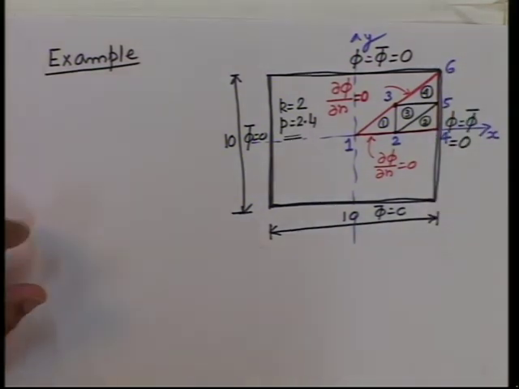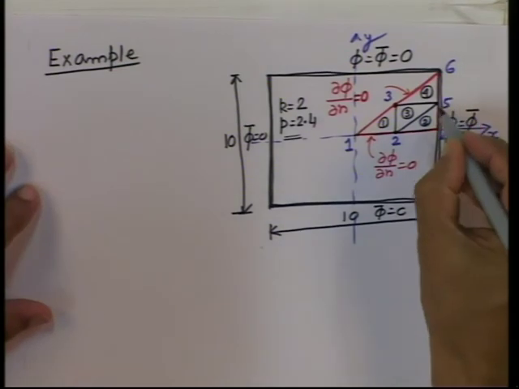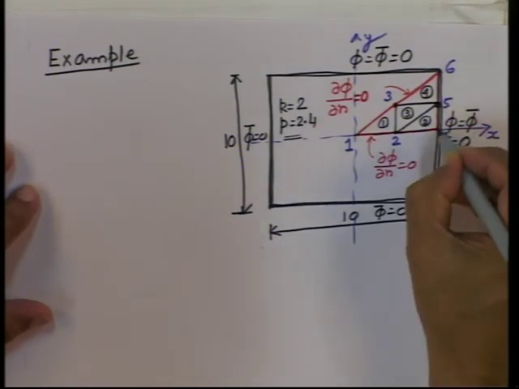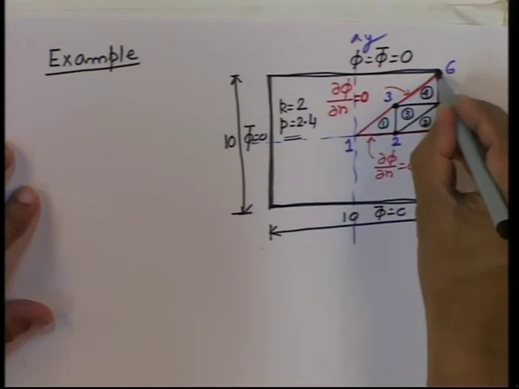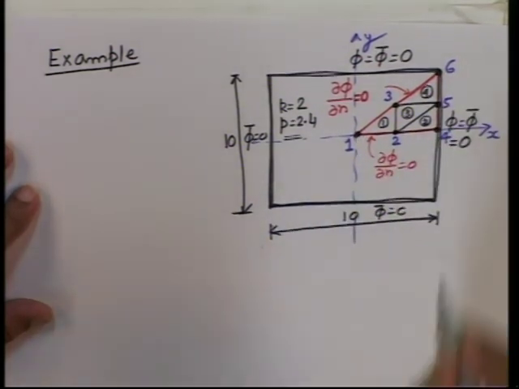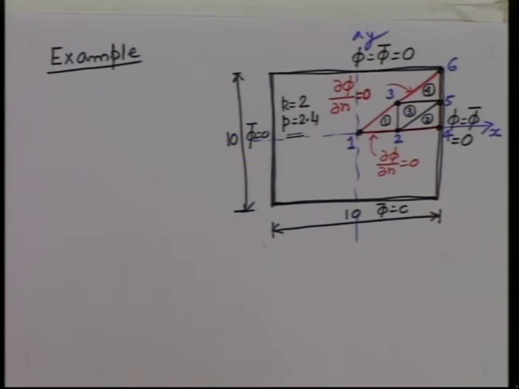So, 4, 5, 6 are 0 values, boundary values. So, they are all 0 values. So, you have a 6 nodal problem. Two dimension and everything is done.